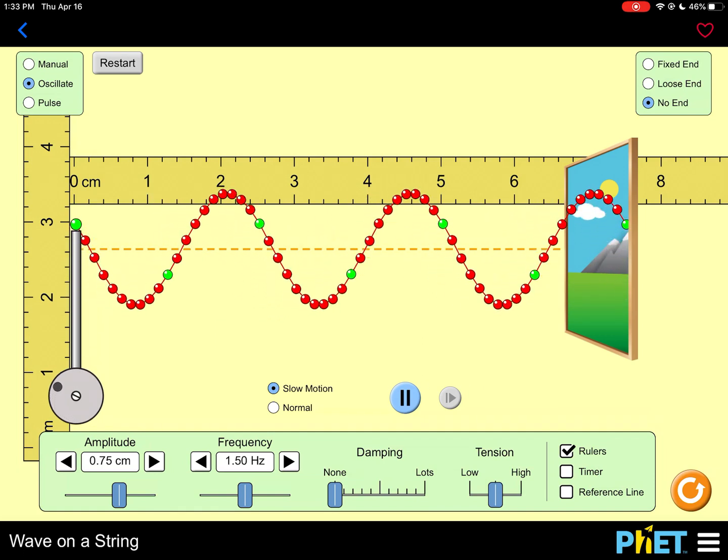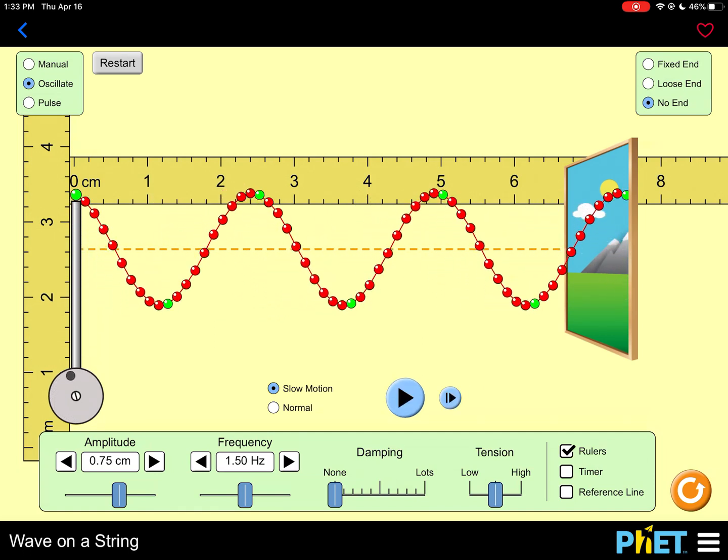So we've got a crest. The green bead on the far left is at the top of a crest. We want to follow that down and up until we get to the next crest, and that is about 2.5-ish. So that's your wavelength. 2.4 is what I'm measuring on here, 2.4 centimeters is the wavelength, crest to crest.